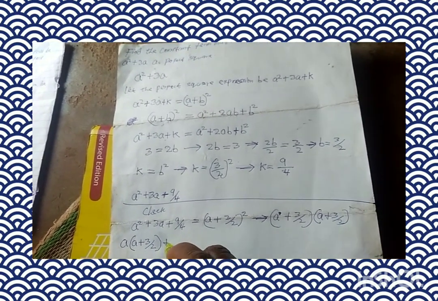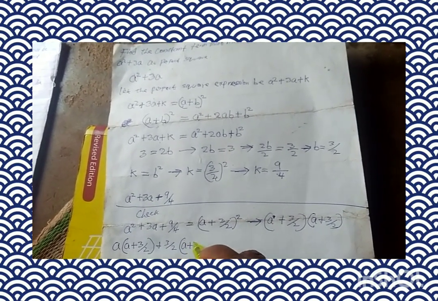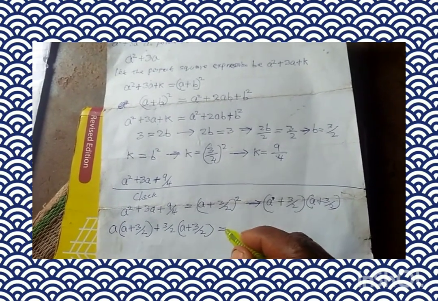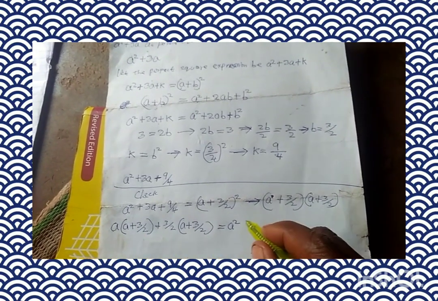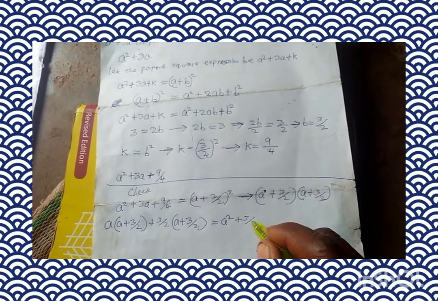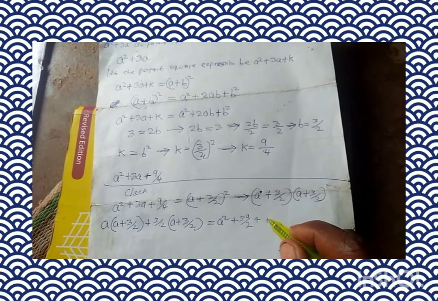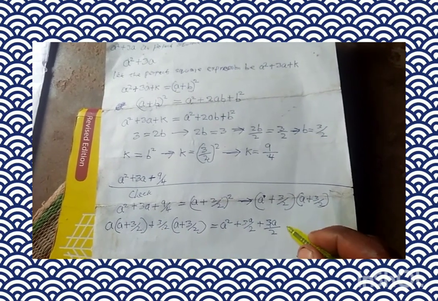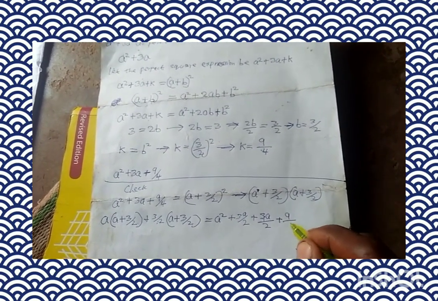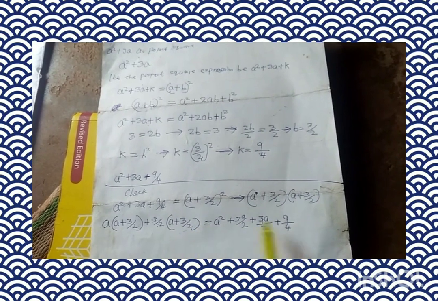This gives a times a is a squared, a times 3 over 2 is 3a over 2, 3 over 2 times a is 3a over 2, and 3 over 2 times 3 over 2 is 9 over 4, that is 3 times 3 is 9, and 2 times 2 is 4.